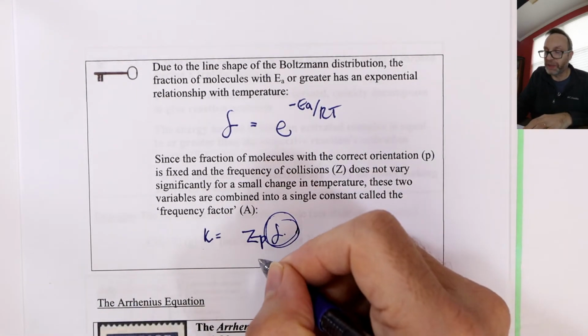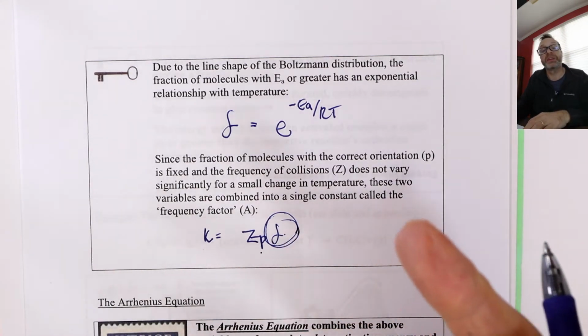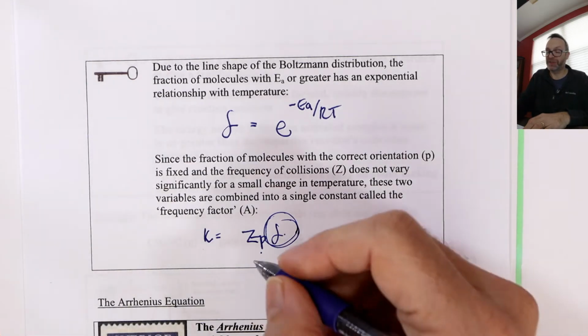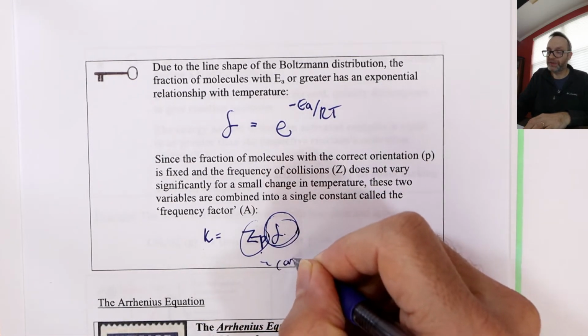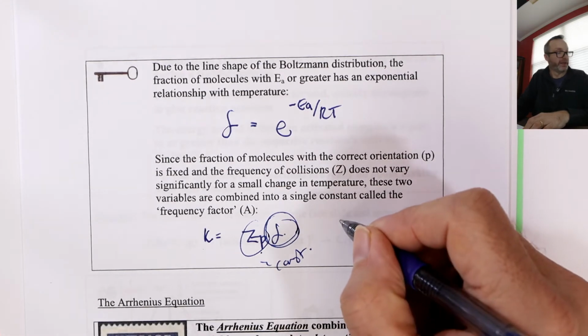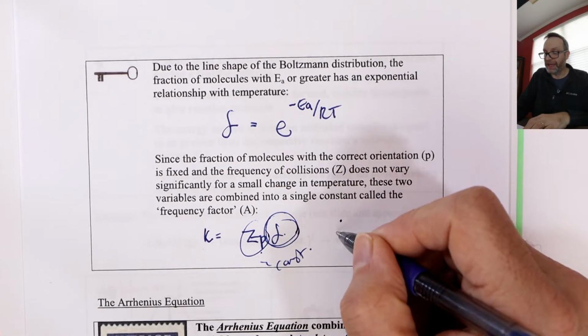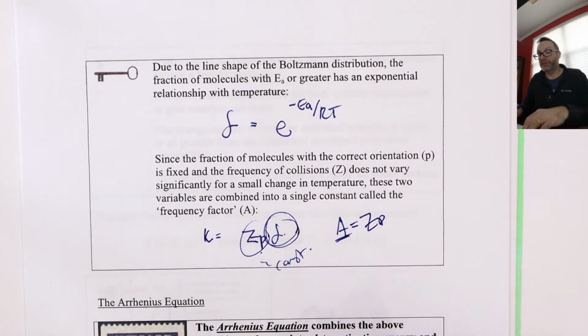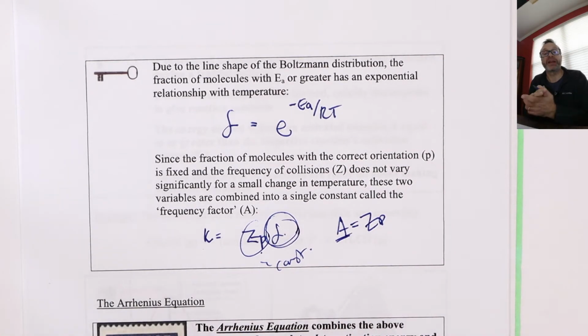The fraction of molecules in a fixed orientation doesn't change, and the collision factor varies only slightly over small temperature changes. So these are essentially constant. So we'll say A equals Zp. We've got a new constant called the frequency factor. Over small temperature changes, the Zp won't really change much.